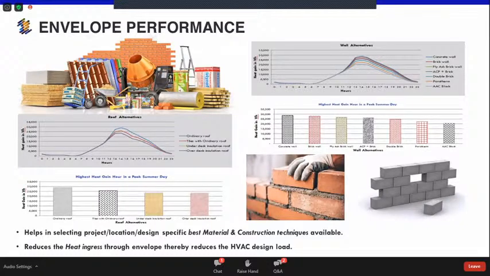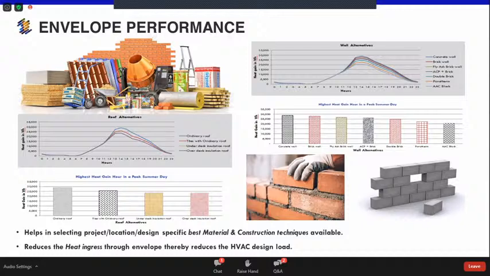But what we will be doing here is analyzing the heat gain inside the building with the help of different materials, because each material will perform differently. Take a material like concrete blocks and the brick. Between a concrete wall and a brick wall, the heat gain and the heat storing capacities are hugely different.